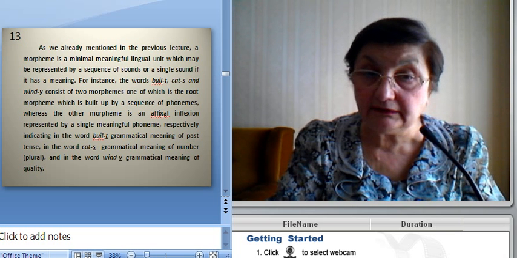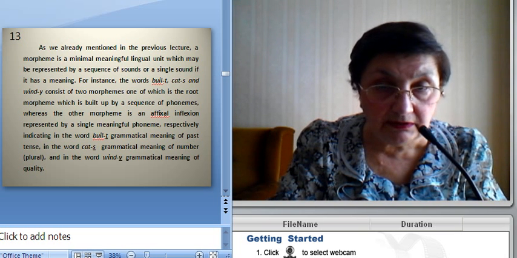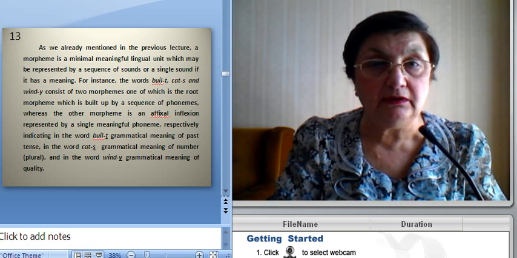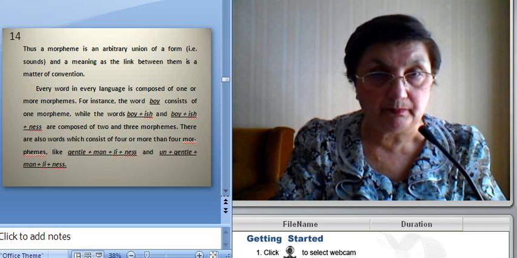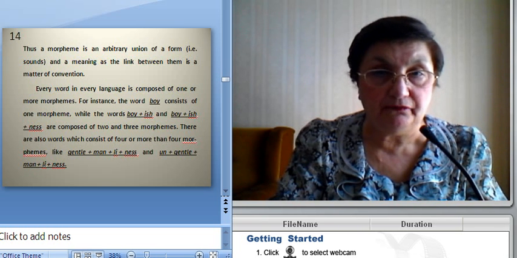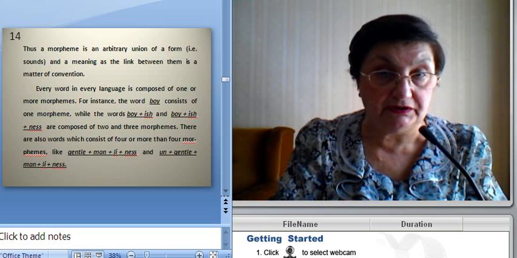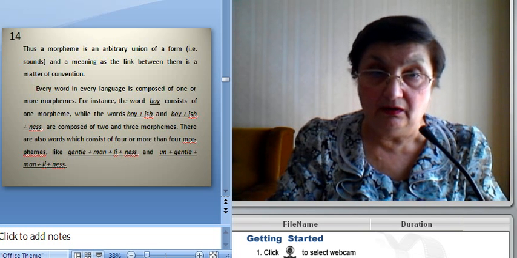Thus, a morpheme is an arbitrary union of a form or sounds and a meaning, as the link between them is a matter of convention.